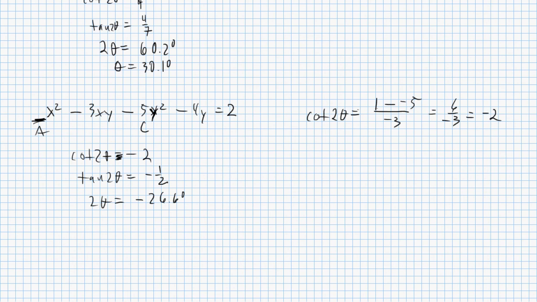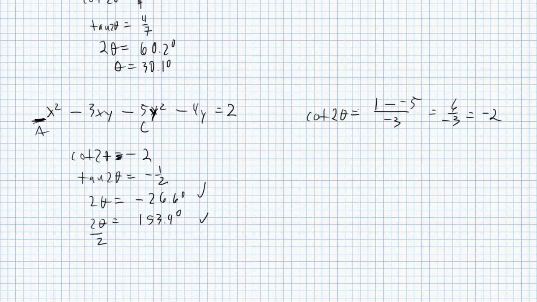So 2 theta could also be equal to 153.4, because the negative 26.6 and the positive 153.4 both have the same tangent. We want to use the positive one.